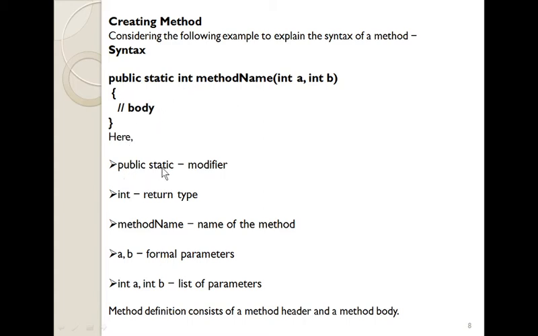Here public static is the access modifier, int is the return type of that method, methodName is the name of that particular method, a and b are the formal parameters, and int a and int b form the list of parameters. So a method definition consists of the method header and the method body.